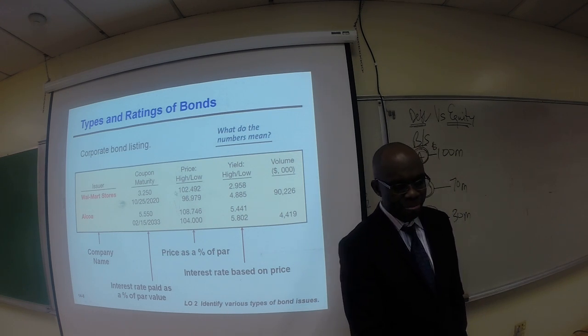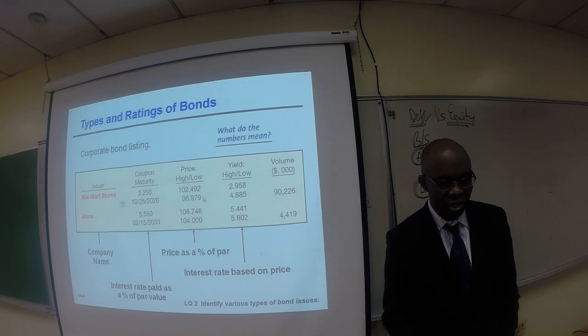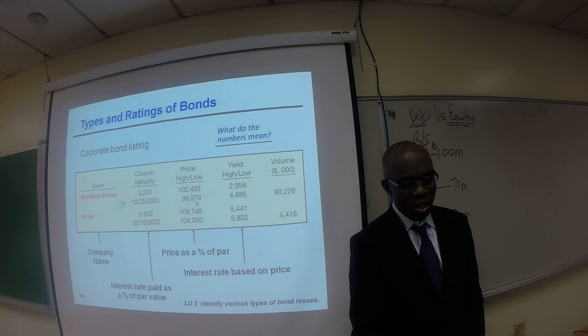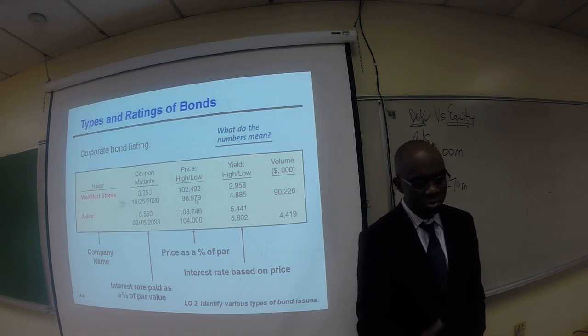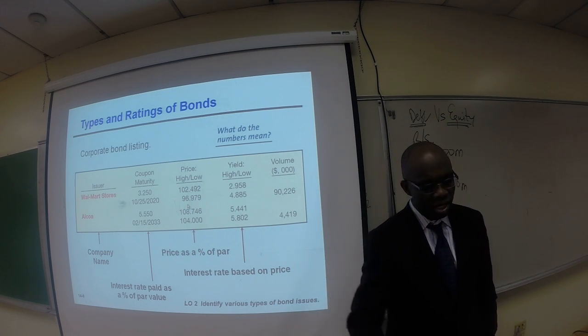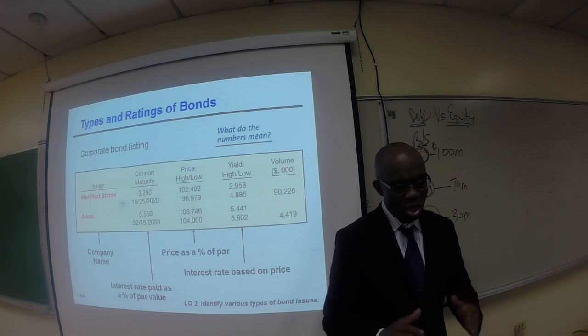The price here is 102. That is 102% of the face value. We're going to talk more about that eventually. Then the price high-low: 102 is the highest, and 96 is the lowest in terms of the selling price of this bond thus far.